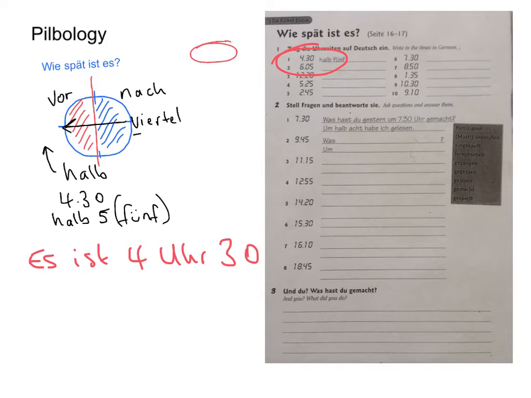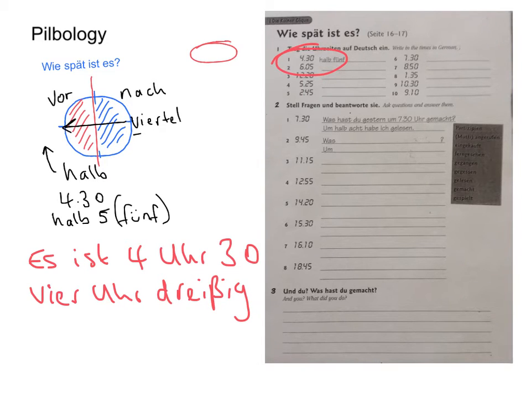Or written out 4 Uhr 30. So literally 4 o'clock 30, 4 Uhr 30. Both work, both are used equally the same amount, so es ist 4 Uhr 30 or es ist halb 5. For the purposes of this particular worksheet, these examples, it's halb 5.